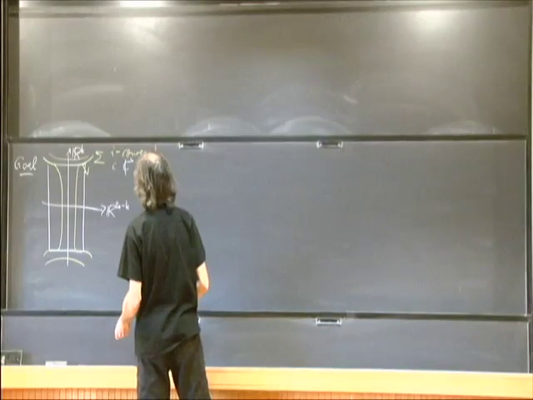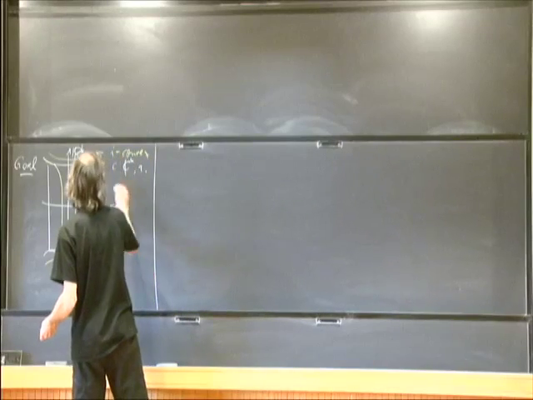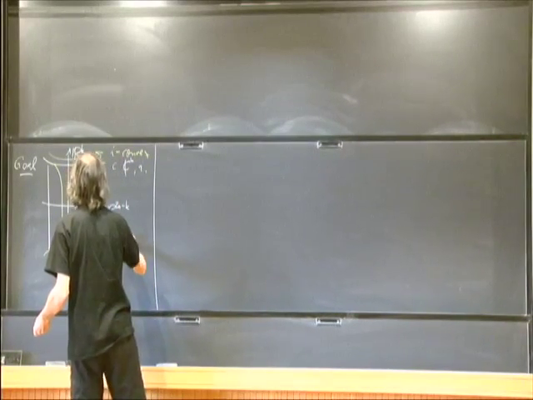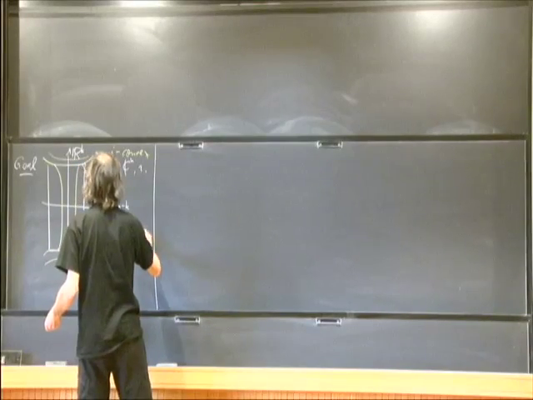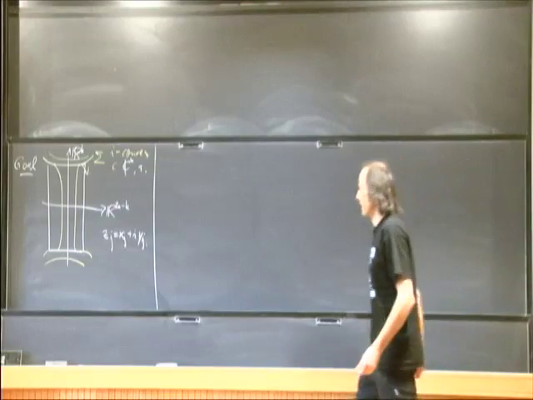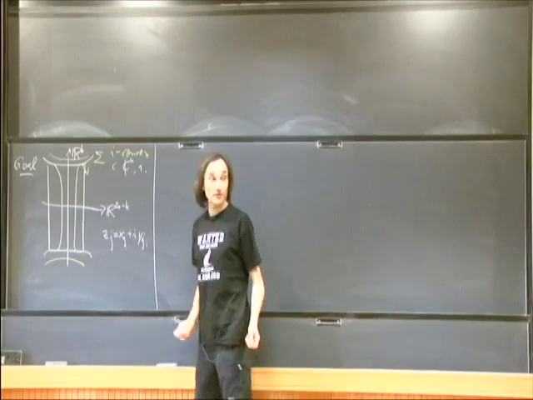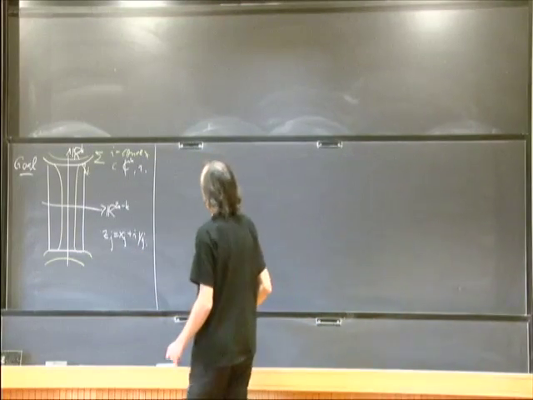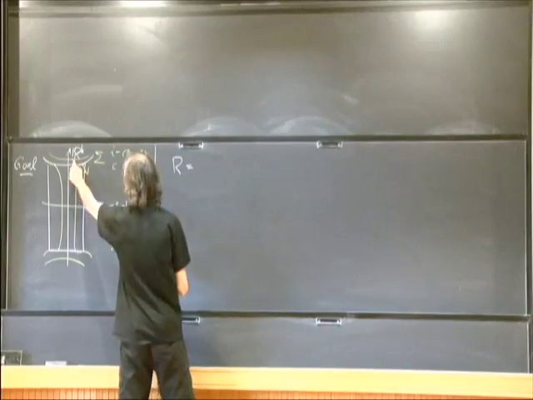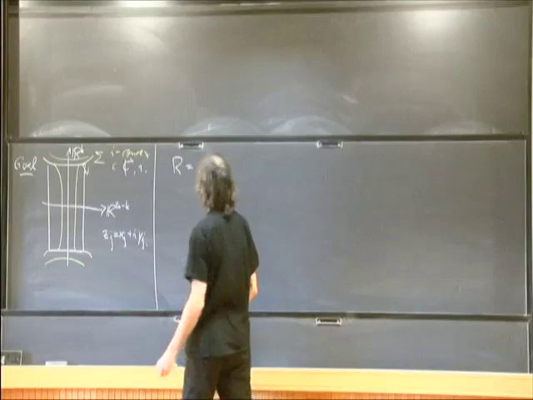So let's say coordinates here are z_j = x_j + i y_j. Those are complex coordinates on C^n. And let me introduce the norm in the R^k direction as capital R.